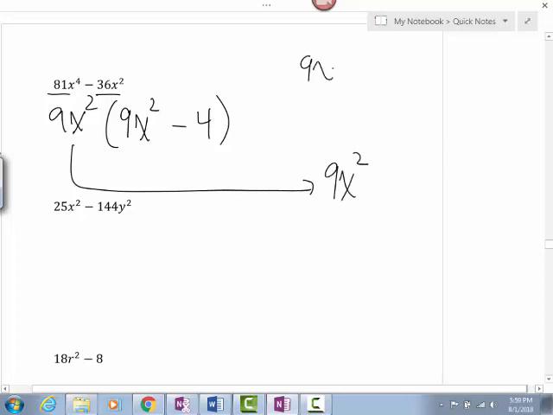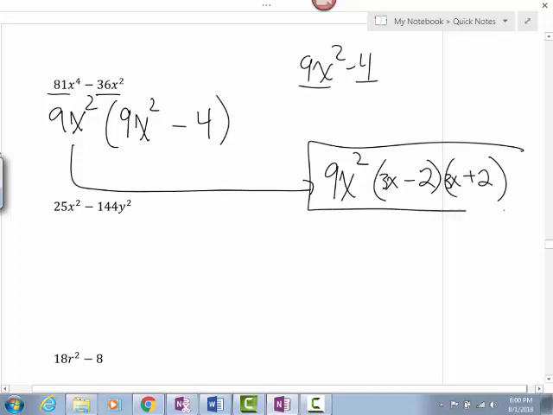And now I'm going to worry about how would I factor 9x squared minus 4? Well, one's going to be a minus, one's going to be a plus. If that's a 9x squared, that needs to be a 3x, and that needs to be a 3x. And if that's a 4, that needs to be a 2, and that needs to be a 2. And then we're done. Okay?